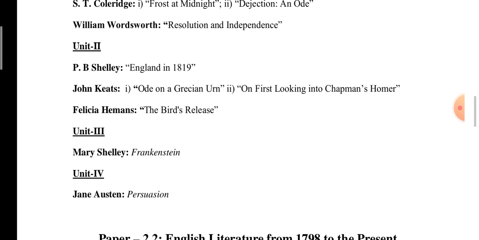The third unit is Mary Shelley's Frankenstein, and unit number 4 is Jane Austen's Persuasion.